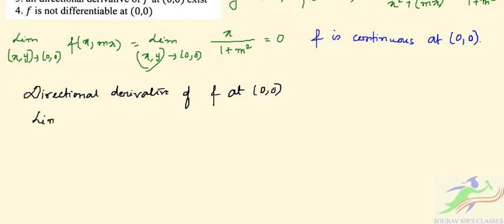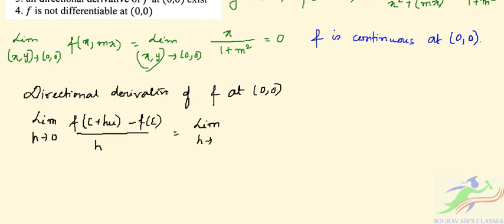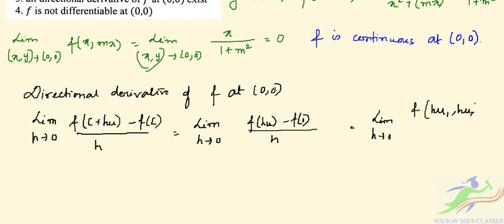We can write that as the limit h tends to 0 of f(c plus hu) minus f(c) divided by h, which is the limit h tends to 0 of f(hu) minus f(0) divided by h, where hu1 and hu2 are two functions of h.